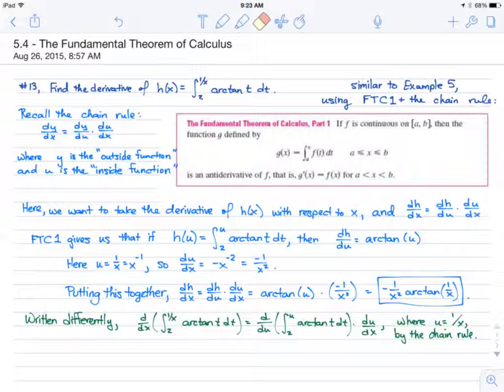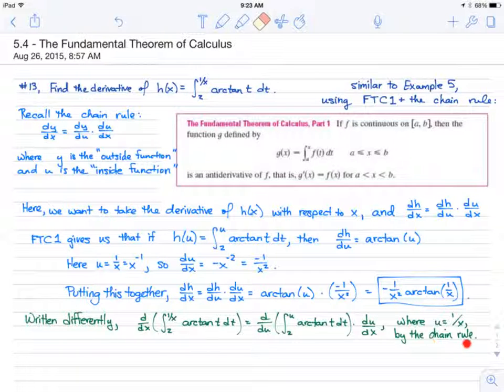So if I wanted to write the same solution differently, just kind of saying it in different symbols, same words, different symbols, I can talk about the derivative of the whole thing, the composite function, equals the derivative of the outside function with respect to u, leaving the inside function alone, here, see the u's match, times the derivative of the inside function with respect to the original variable.